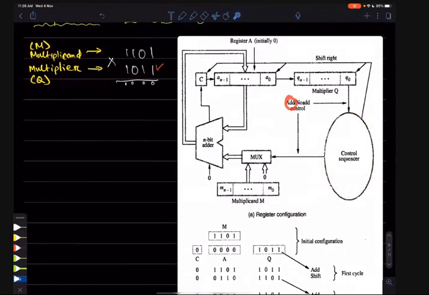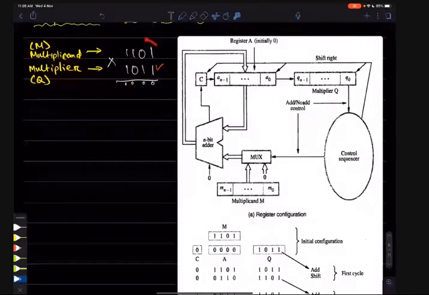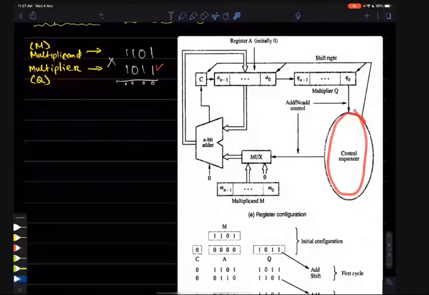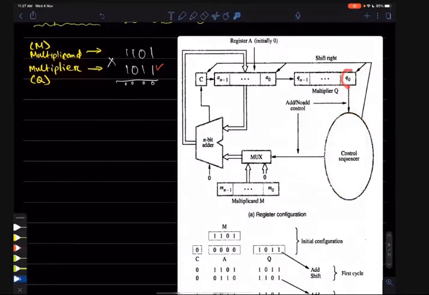It may add or it may not add. Whenever it is 1, it has to add this result to the previous partial product, and whenever it is 0, it will do nothing, because 0 multiplied by this is 0 0 0 0. So why add 0 0 0 0? Better do nothing. The control sequencer works based on the first bit. The current first bit is 1.